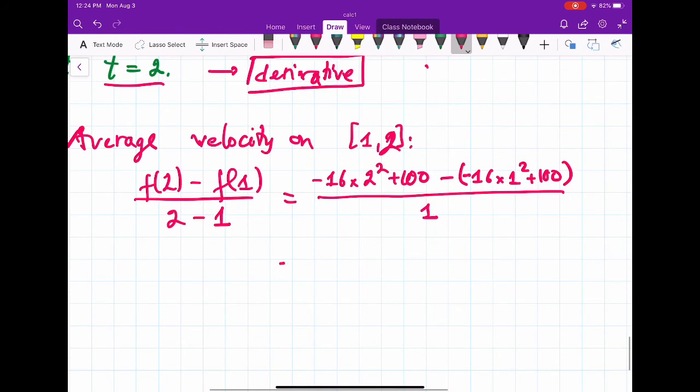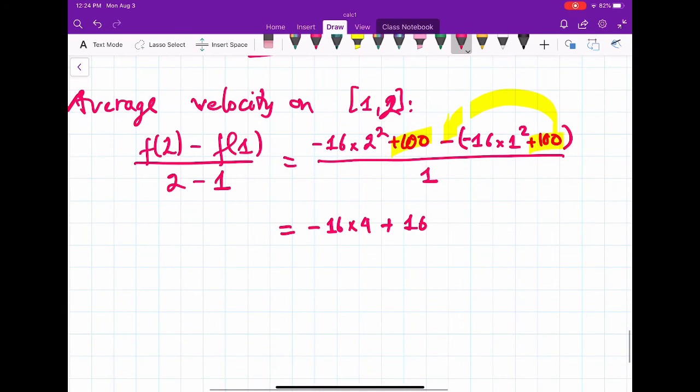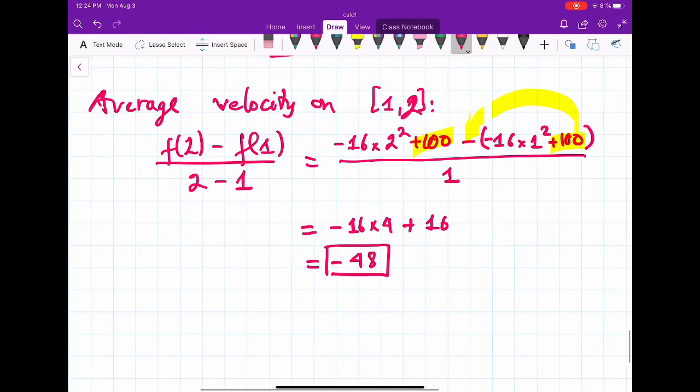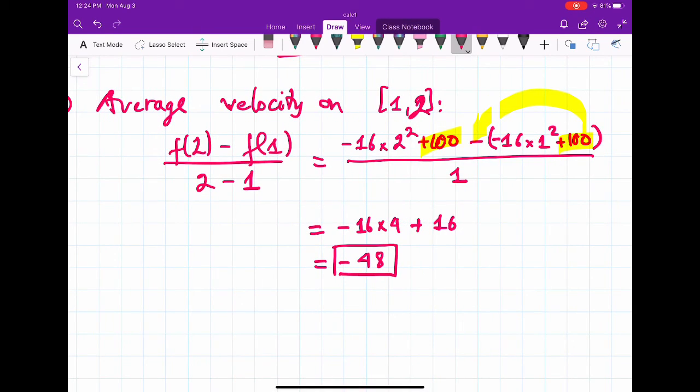The 100 will be cancelled out. I have negative 16 times 4 plus 16. So basically I have negative 48. That is the average velocity.